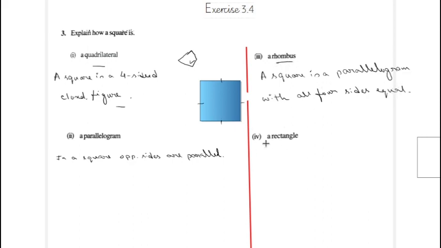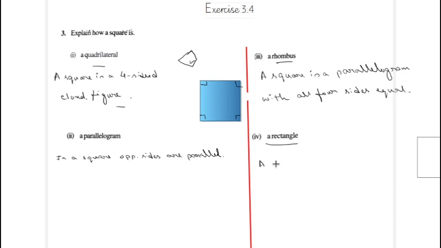Now how a square is a rectangle? Now see, this is a square, or we will discuss in this figure only. So in this square all the angles are 90 degree. Okay, all the angles are equal to 90 degrees, so that's why it is a rectangle.